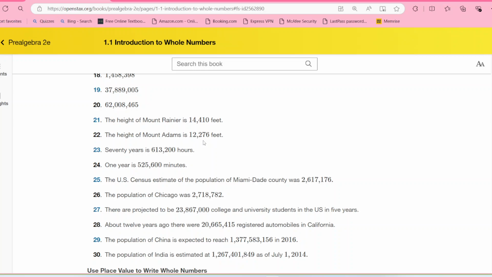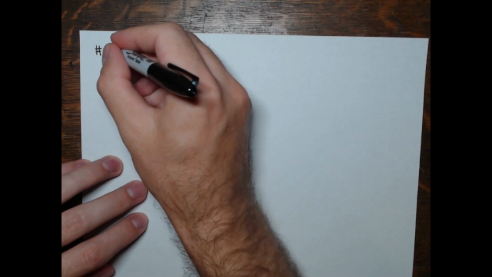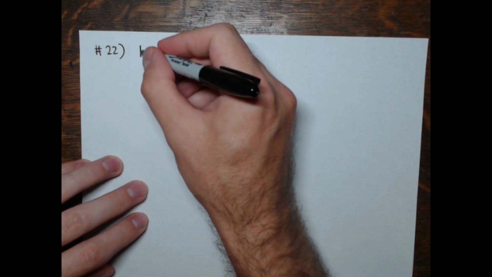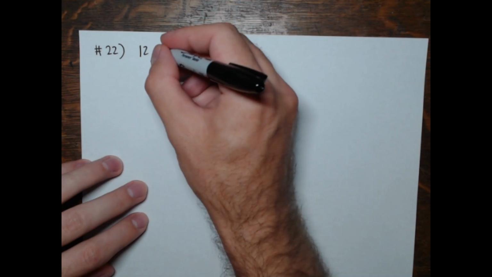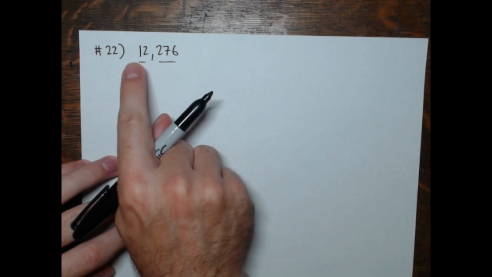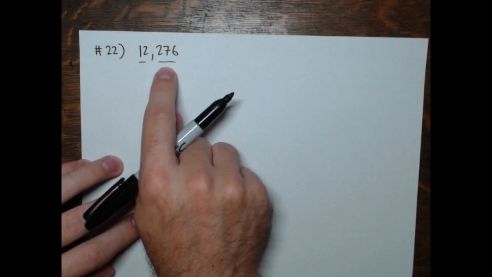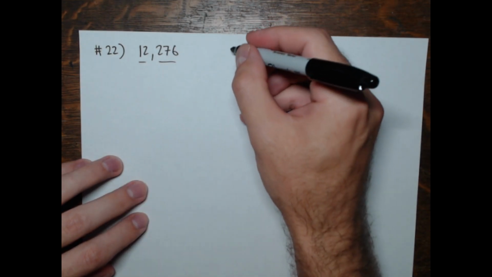12,276 feet. And it's writing this number in words, right? That's 12,276. Right? The number 22, we're given these numbers. And just the two periods, right? The thousands period with the 12, the ones period with the 276.